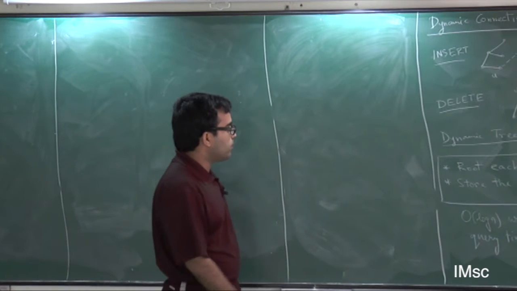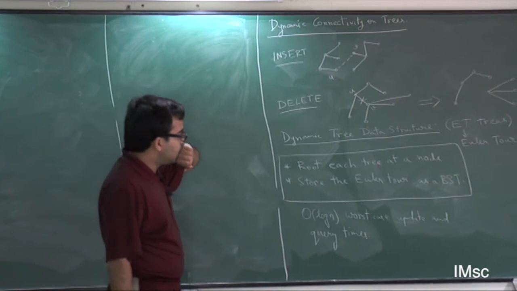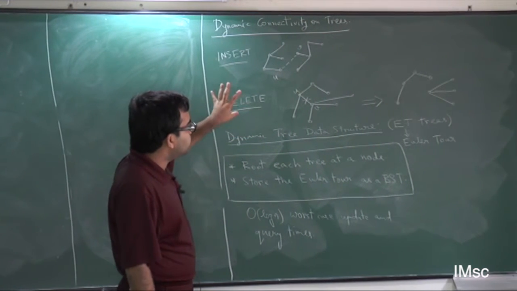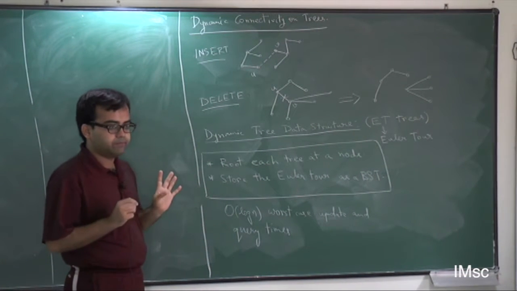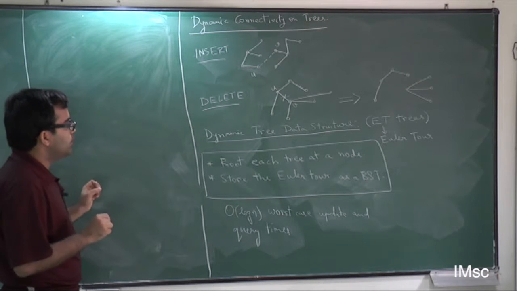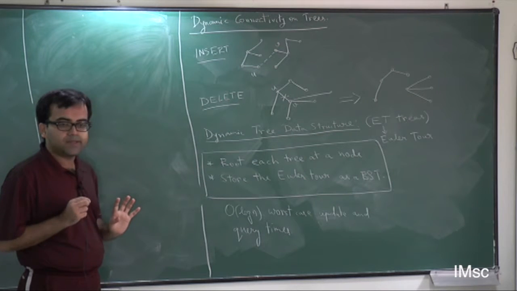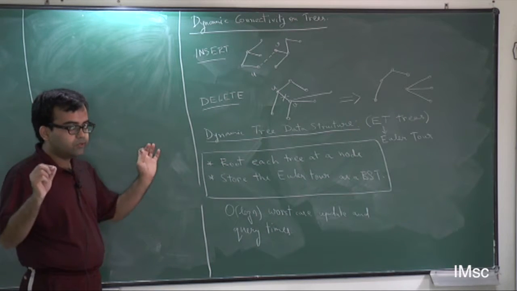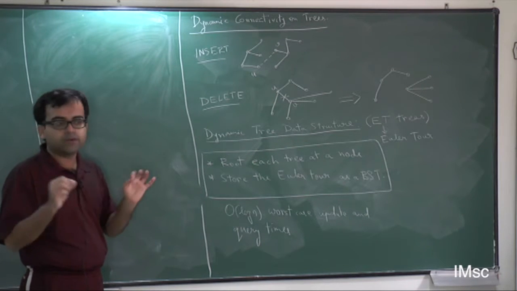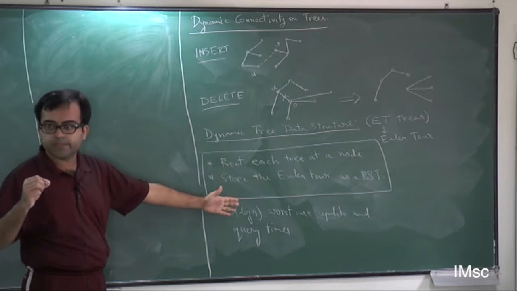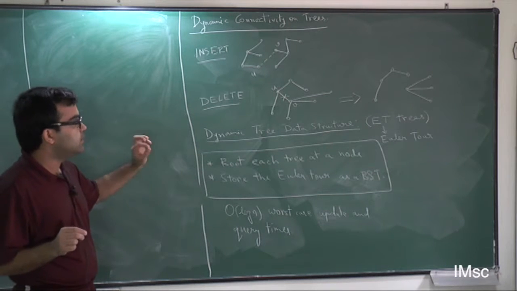Okay, so, what is the general problem? Now, there are no trees, there are only graphs. Okay. What is the most natural approach? For each connected component, you maintain a spanning tree. Then, when an edge insertion occurs, you can handle it using this ET tree data structure. You just check if the two endpoints belong to the same tree. If yes, nothing to do. Otherwise, if they belong to two different trees, just merge them using the tree data structure. So, the hard part is to handle deletion of edges.